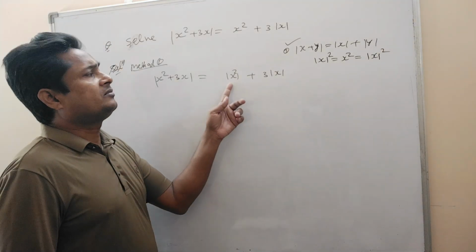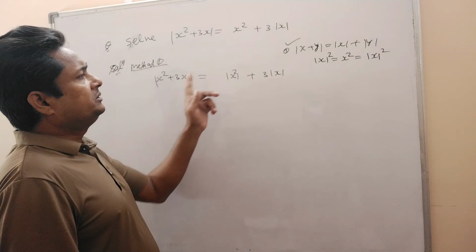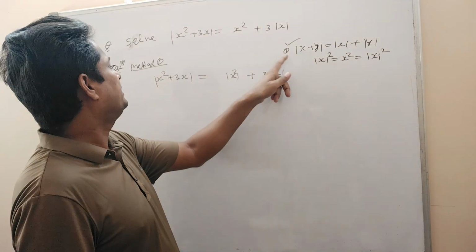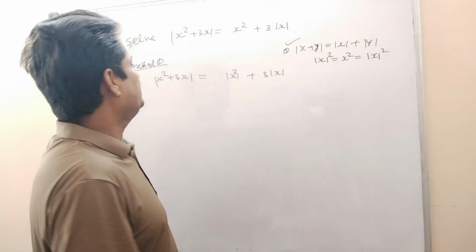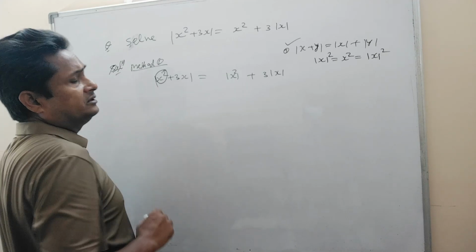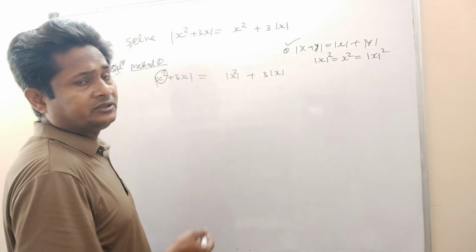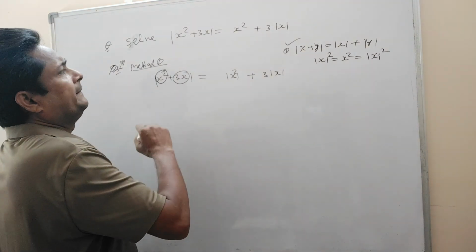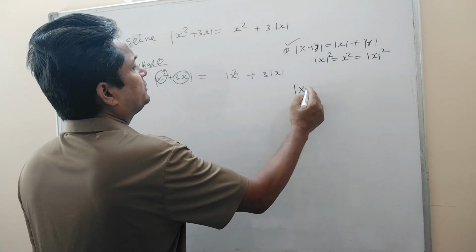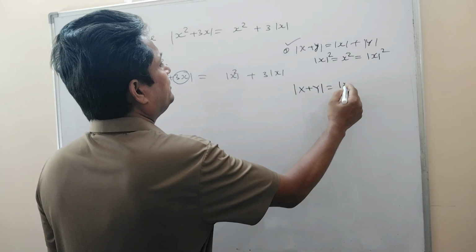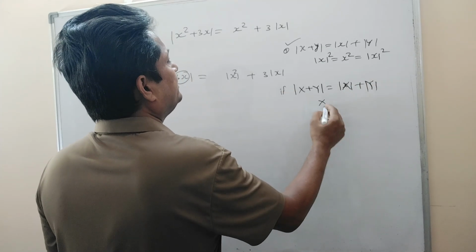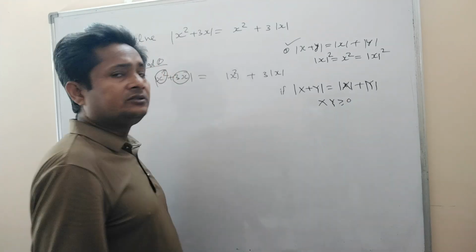So now we can use the first property. How can we apply this property on this one? Let's say this is capital X and this is capital Y. Then mod of X plus Y is equal to mod of X plus mod Y, if XY is greater than or equal to 0.